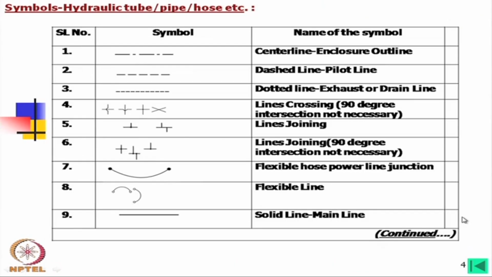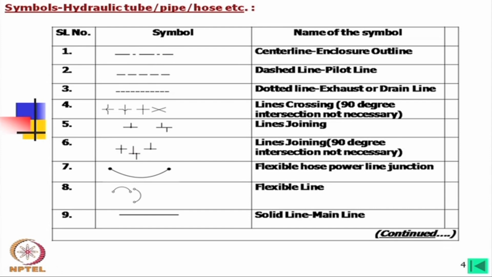Now, we will go for much simpler symbols which may not be strictly ISO standard, but are used in industries. First of all, we shall consider the symbols for hydraulic tubes, pipes, hose, etc. This is of course not a hydraulic component symbol, rather this is the center line in a system.